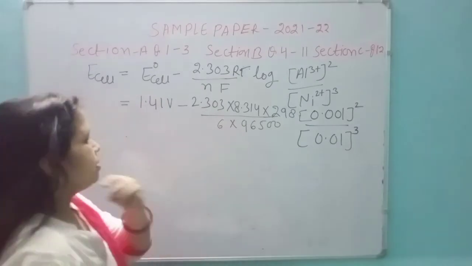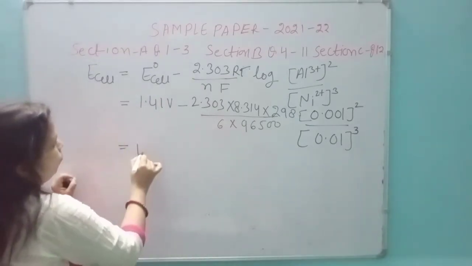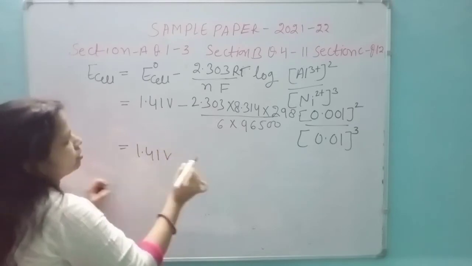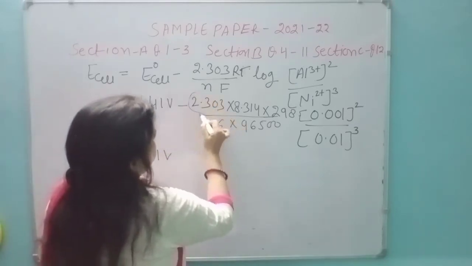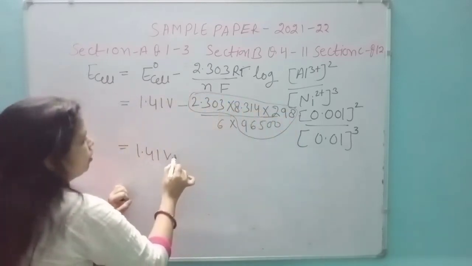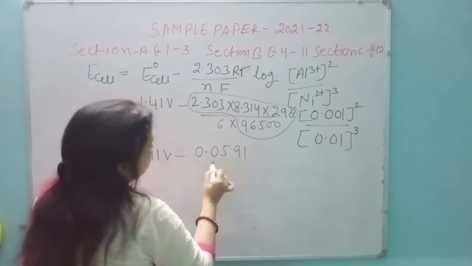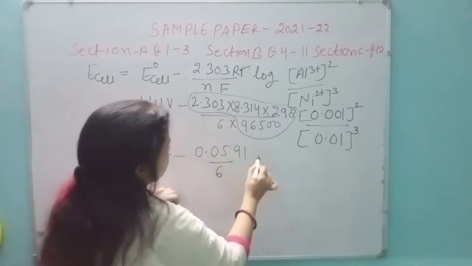So how to write it? 1.41 volt. If you calculate this term, what is the value? Minus 0.0591 divided by 6.